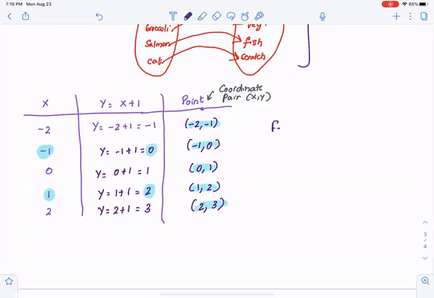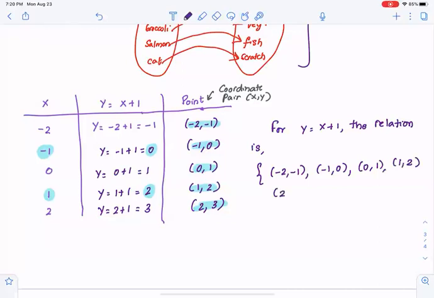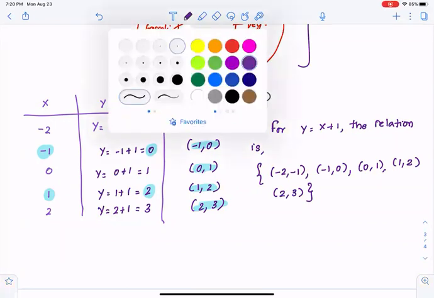So for y equals x plus 1, the relation is (-2, -1), (-1, 0), (0, 1), (1, 2), (2, 3). Some like to call it a set of ordered pairs.